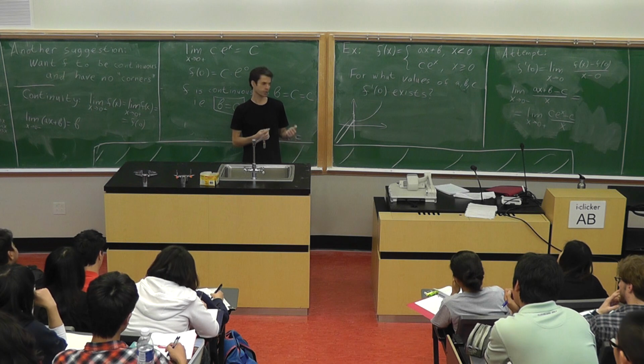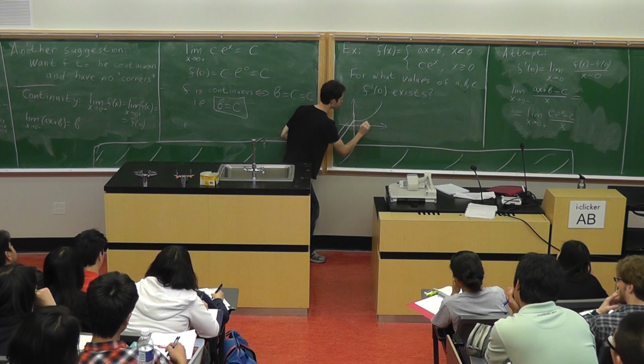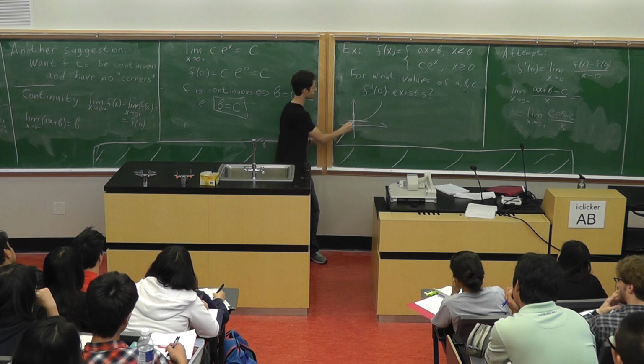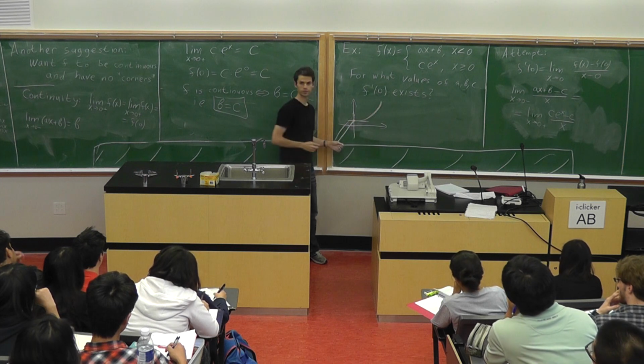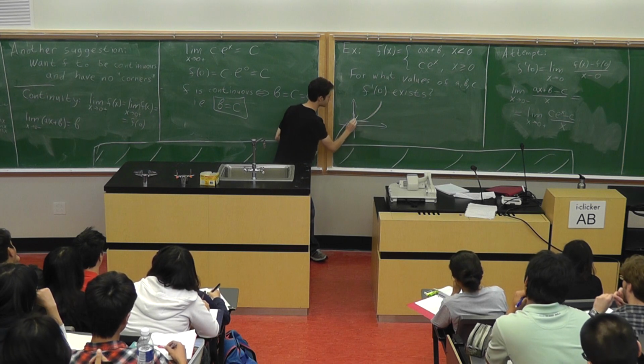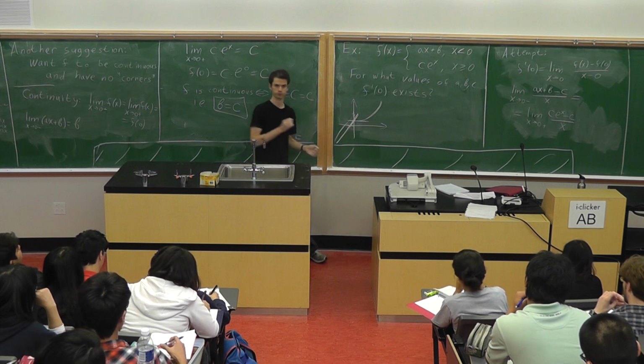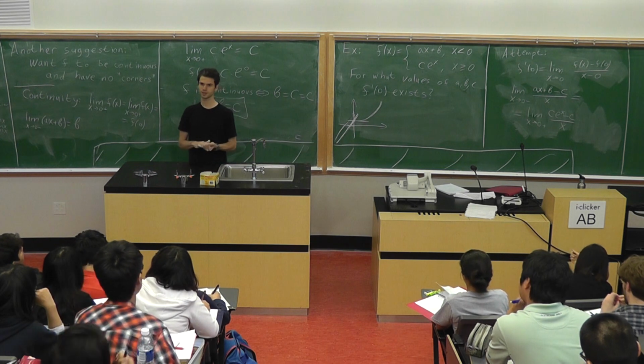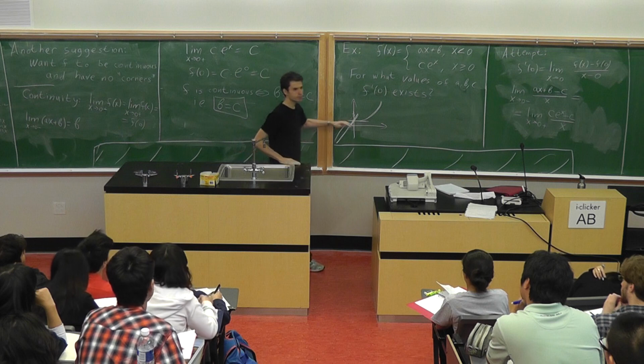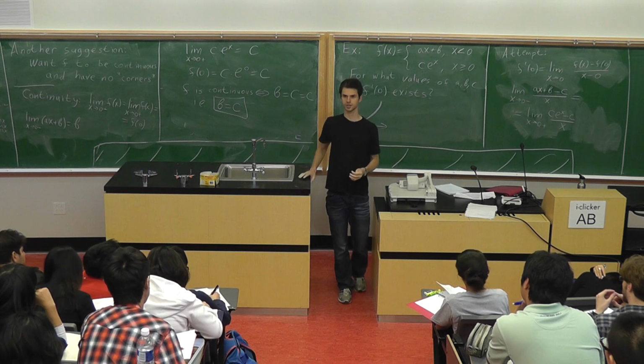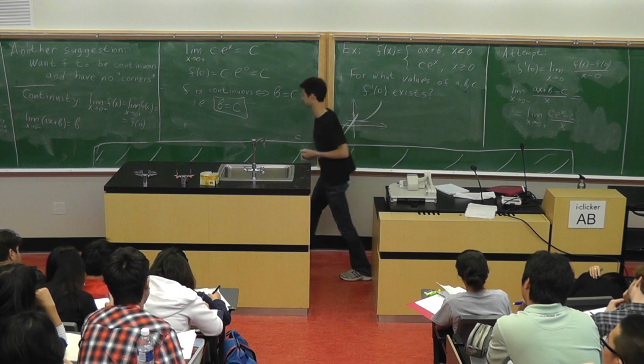So what I want to avoid is this tangent line to this graph being different from the tangent line to the other part of the graph. But I don't know how to find both tangent lines. I can just use the derivative.